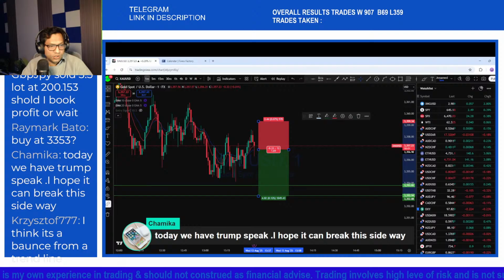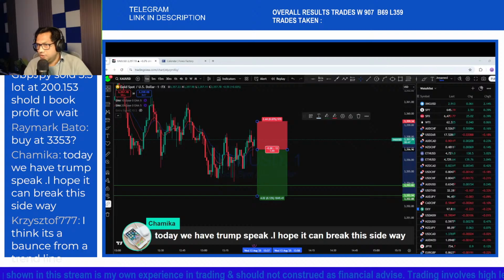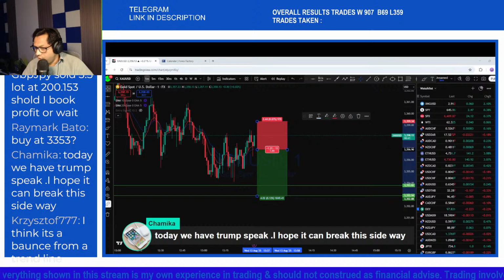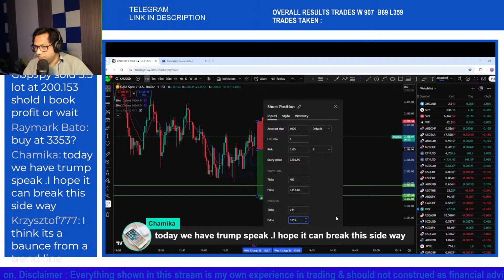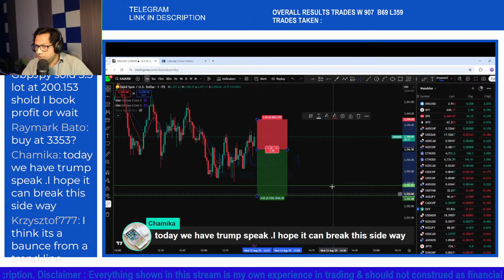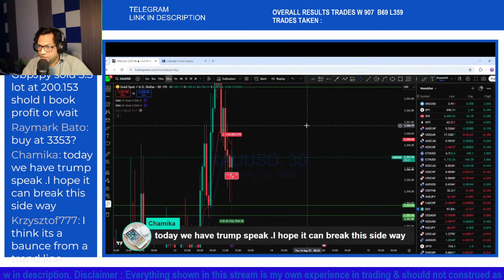so I'm selling on this level at 3357 with stop loss at 3359.50, TP target at 3352.94, and this is where I'm placing the stop loss, at 3359.50, as the market has overextended here on the 30-minute.